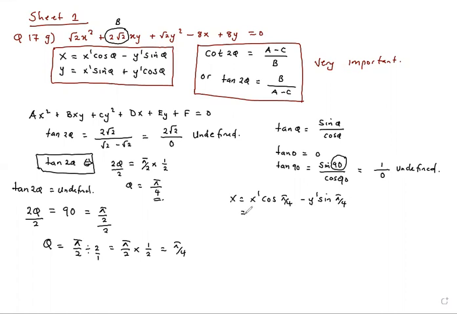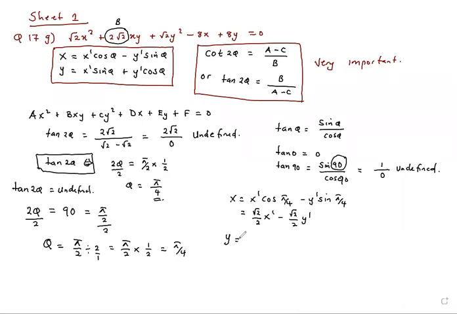Okay, so cos pi over 4, that is cos 45. Cos 45 is root 2 over 2, so x equals root 2 over 2 x prime minus sine 45 times y prime, which is root 2 over 2 y prime.